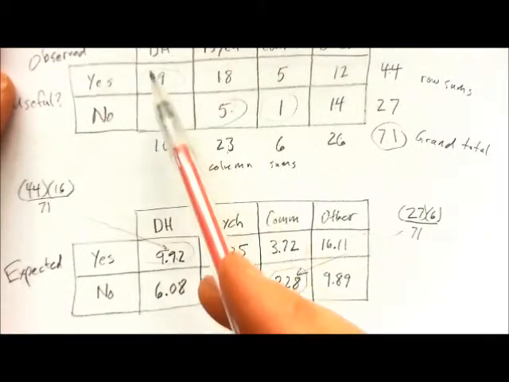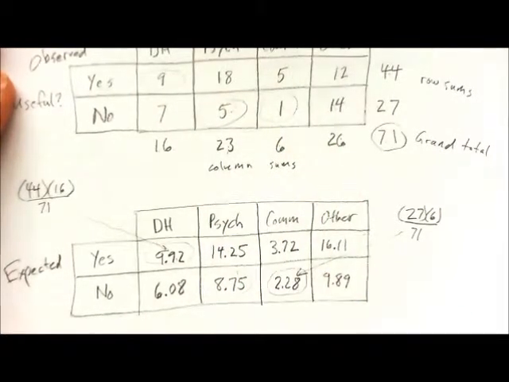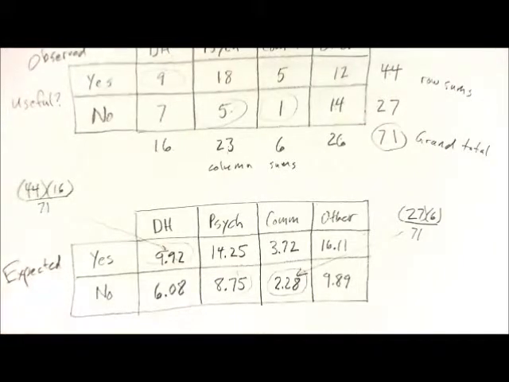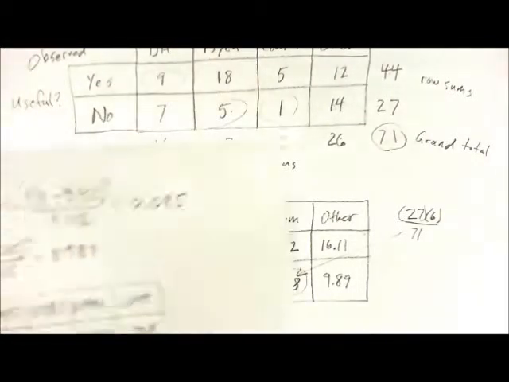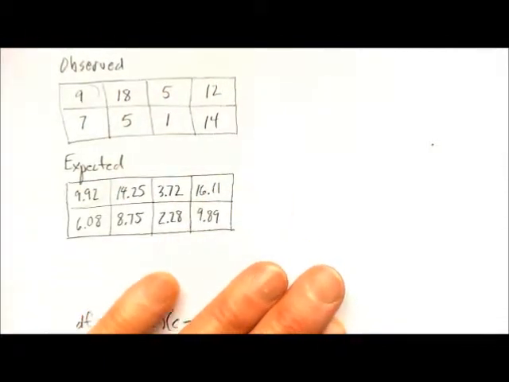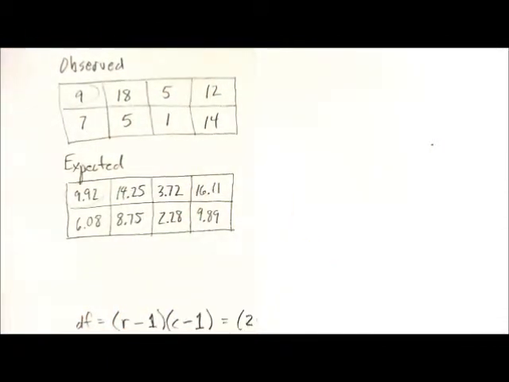So then at that point we have our observed counts and our expected counts. And again, I've reproduced those two tables here. So we have the observed counts and the expected counts.